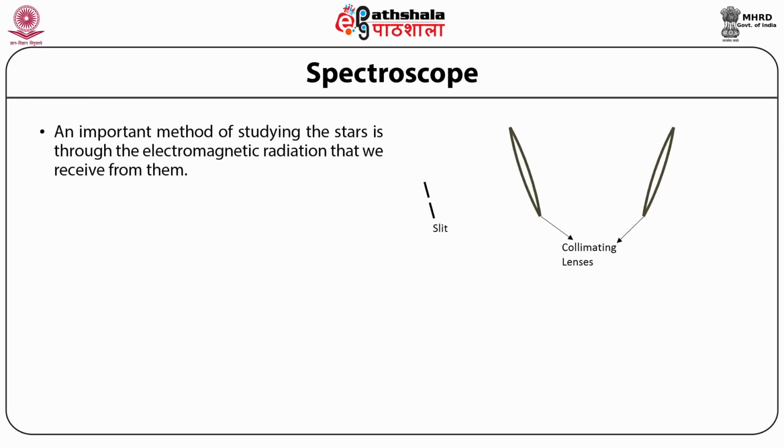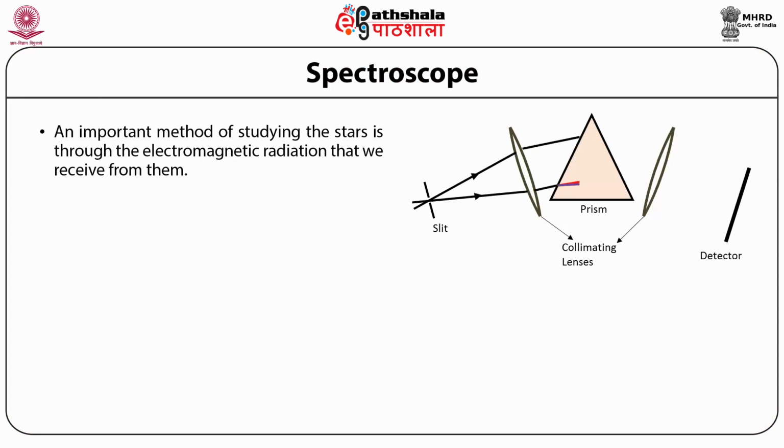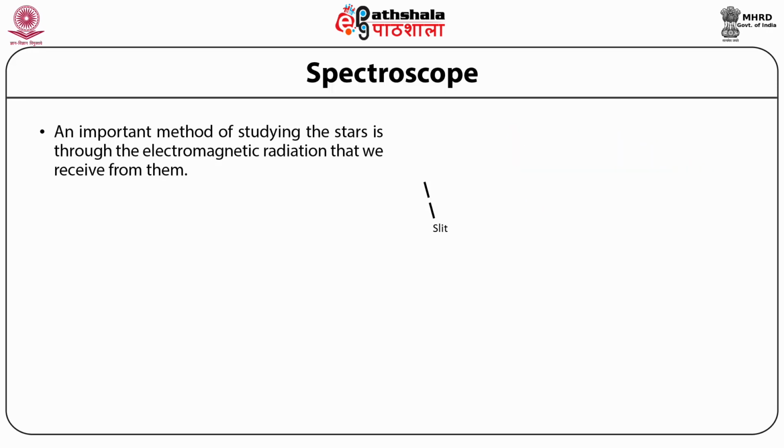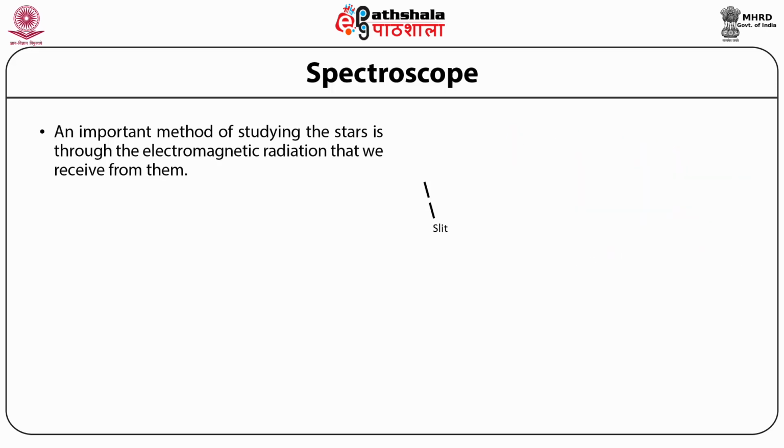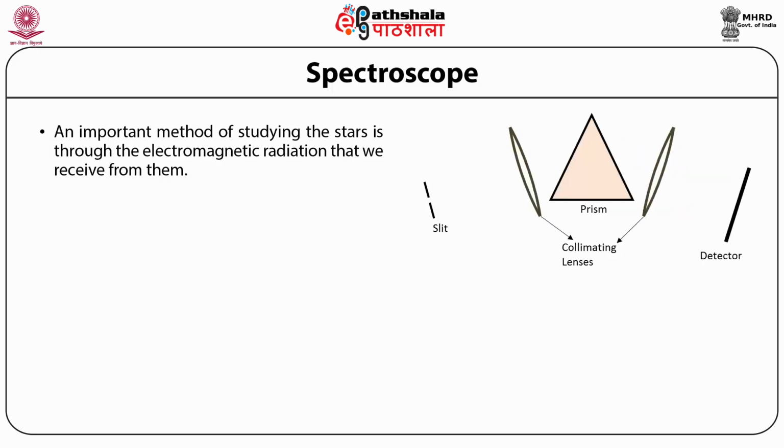Spectroscope. An important method of studying the stars is through the electromagnetic radiation that we receive from them. An analysis of the spectra of stars can provide information not only about the layer from which the radiation is emanating, but also about the internal constitution of stars, their atmospheric structure, and their geometric properties, such as whether they belong to spectroscopic binary groups.